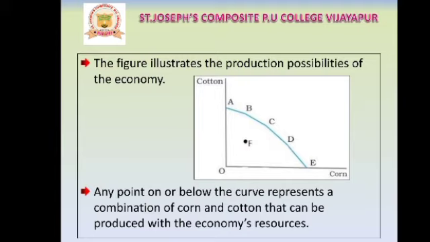The point strictly lying below the production possibility frontier represents a combination of corn and cotton that will be produced when all or some of the resources are either underemployed or utilized in a wasteful fashion.